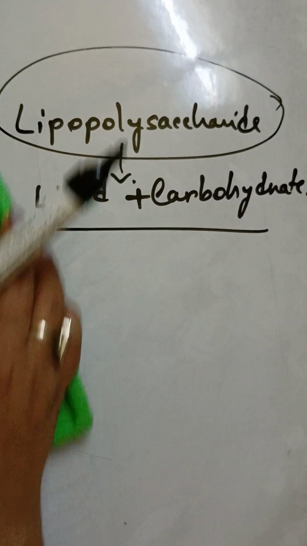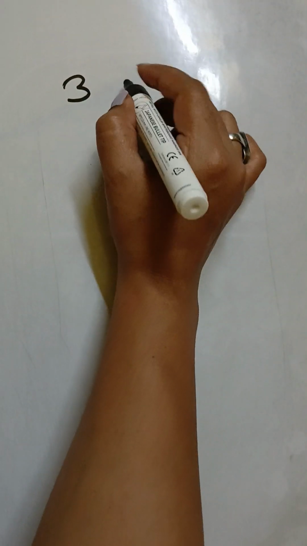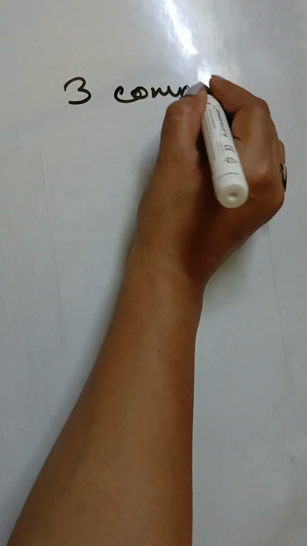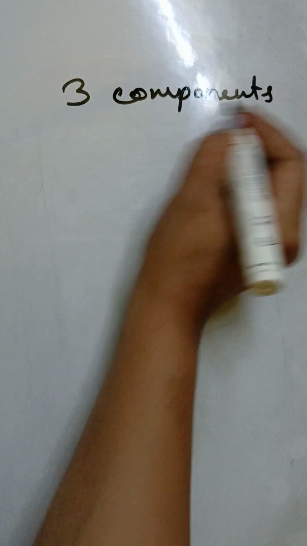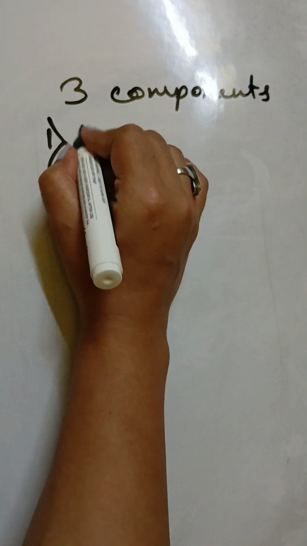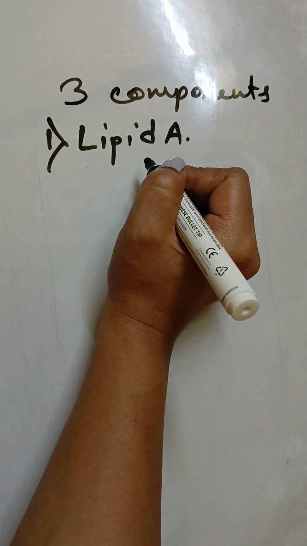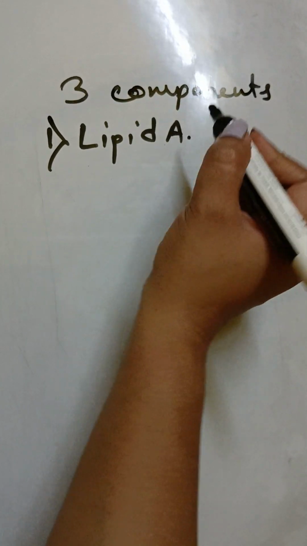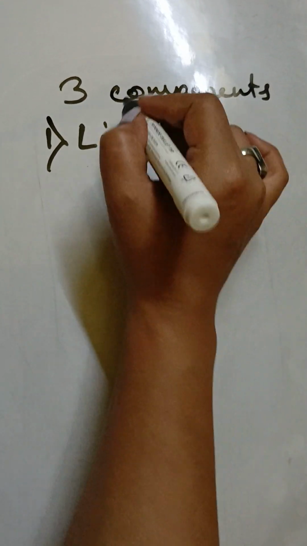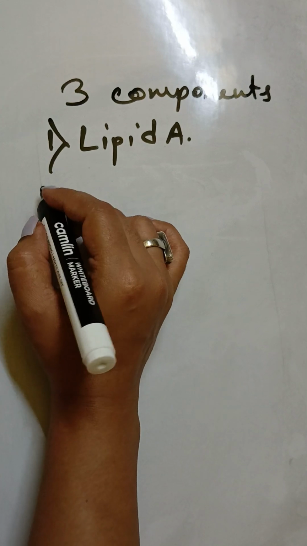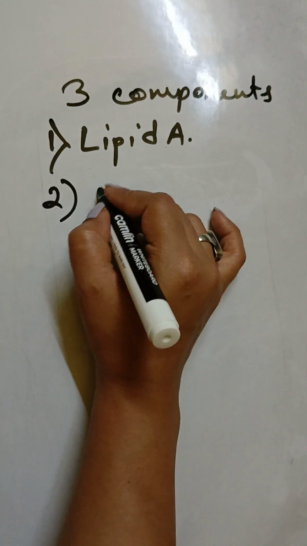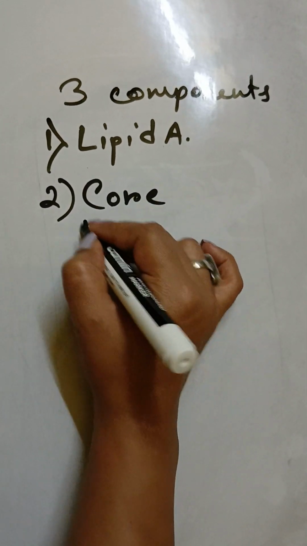This lipopolysaccharide has a total of 3 components. Number 1 is lipid A, which is a major component of this lipopolysaccharide.